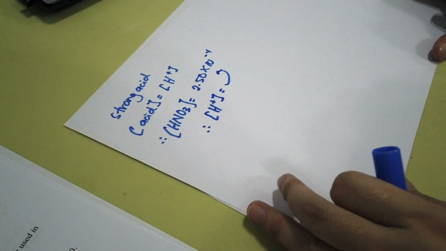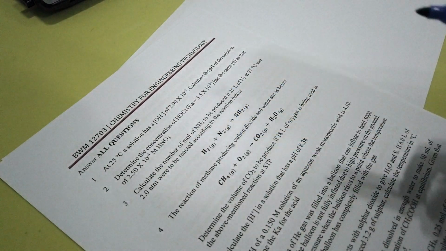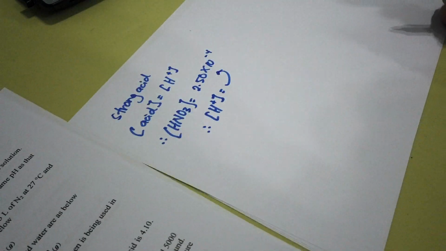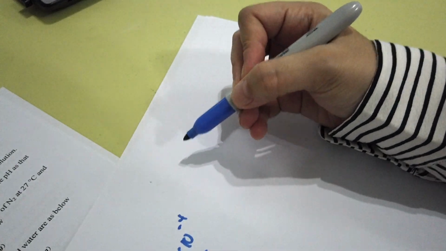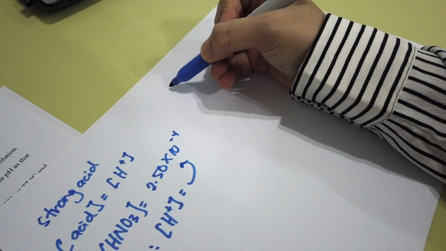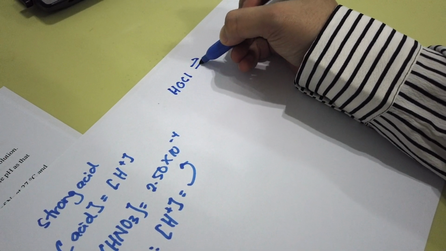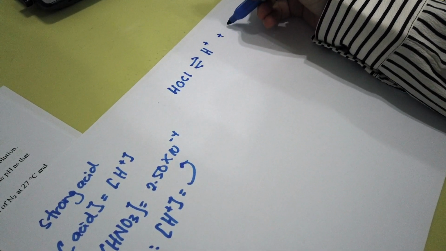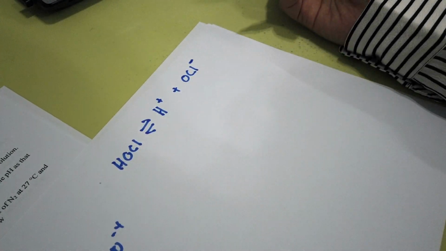Right. Now, in the question, it gives the Ka, which is a clue that this HOCl is a weak acid. So what you need to do is make an ICE diagram. HOCl, when it dissociates, will form H⁺ and OCl⁻.